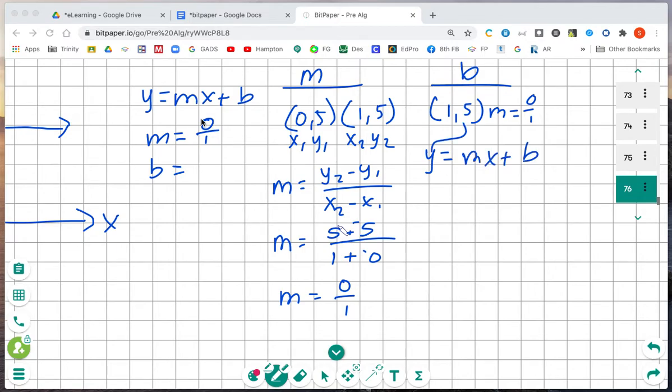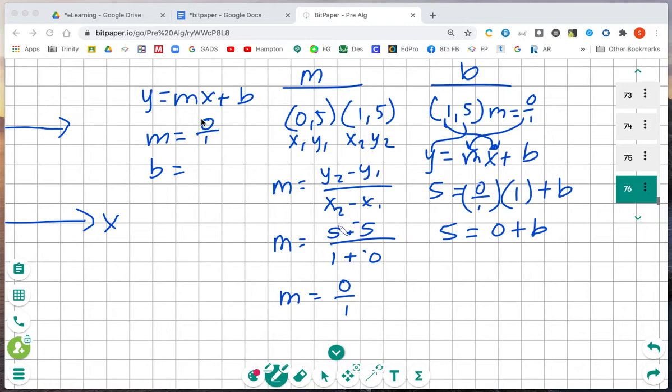My y is going to be 5. My m is going to be 0 over 1. My x is going to be 1. 5 is equal to 0 over 1 times 1 plus b. 5 is equal to 0 plus b.